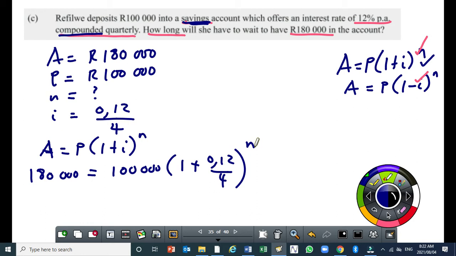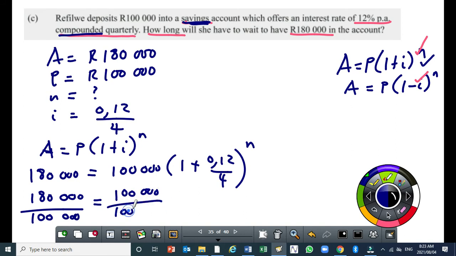Then the next thing, we divide both sides by 100,000. So 180,000 divided by 100,000 is equal to 100,000 divided by 100,000 times 1 plus 0.12 over 4 all raised to the power of n.